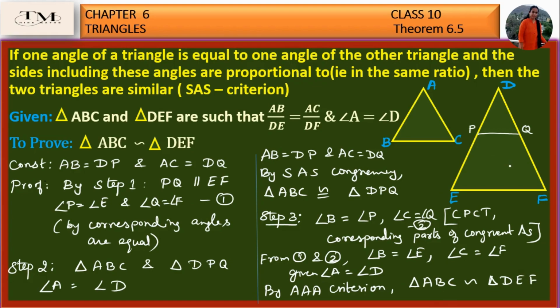So in these two triangles we have angle A is equal to angle D, which is given, and we have proved angle B is equal to angle E, angle C is equal to angle F. So by theorem 6.3, which is AAA criteria, we have triangle ABC similar to triangle DEF. So this is what we have to prove, and we have proved it.